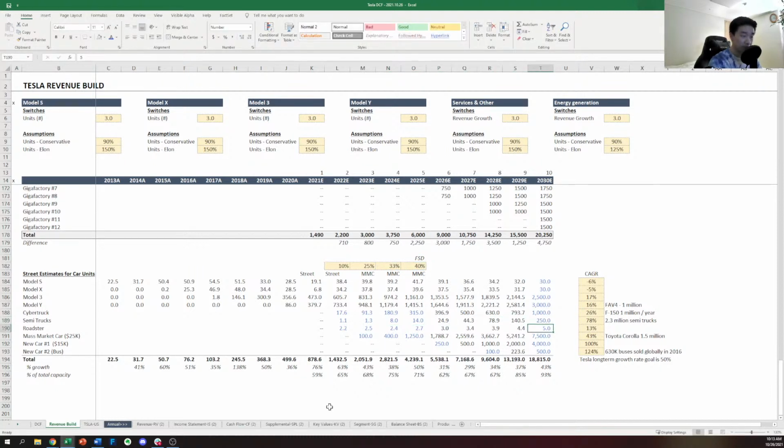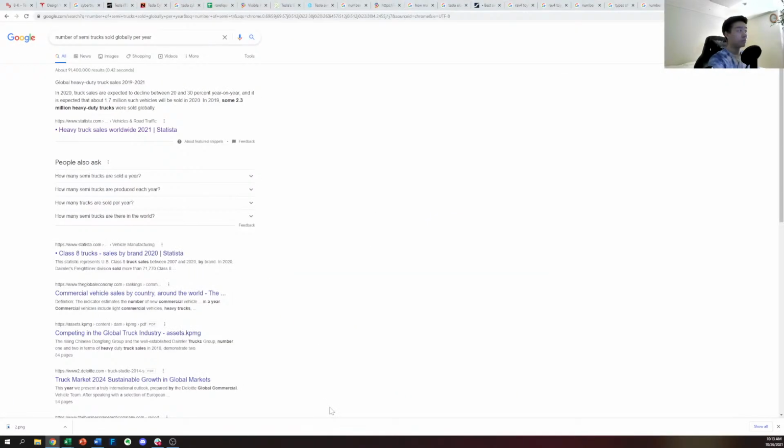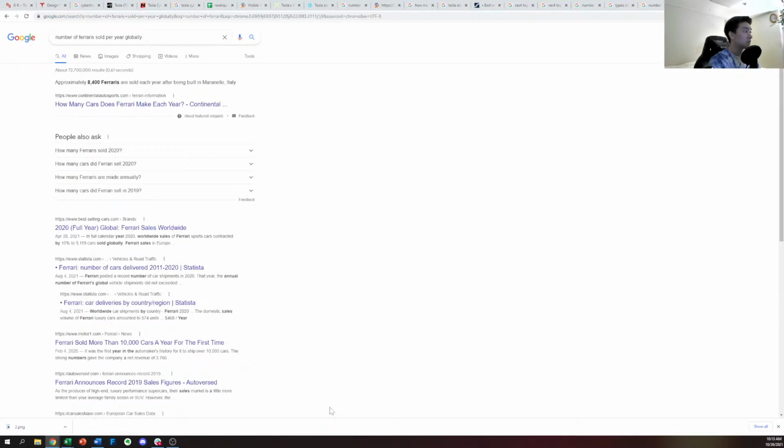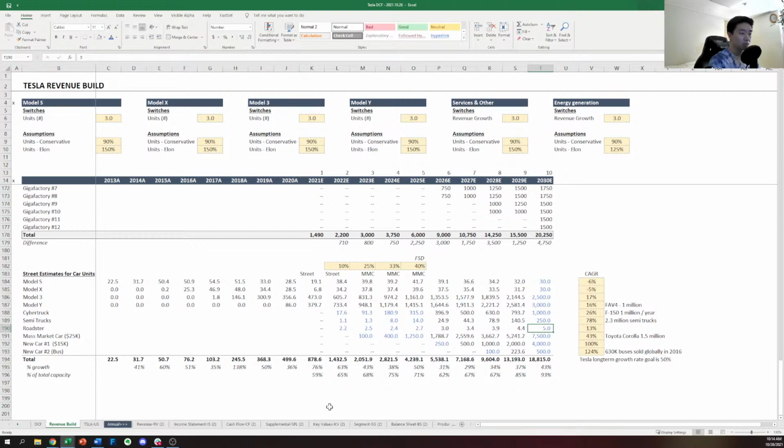Let's do that. Roadster up to 5,000 cars per year. Number of Ferraris sold per year is 8,400. So let's say that this is like 10,000.